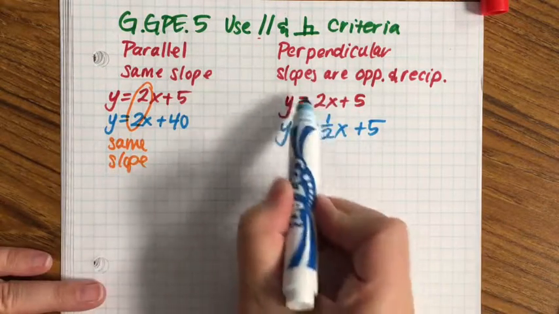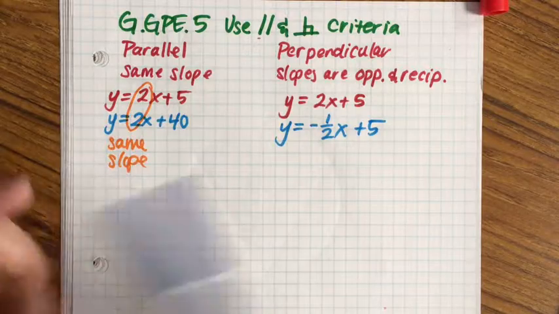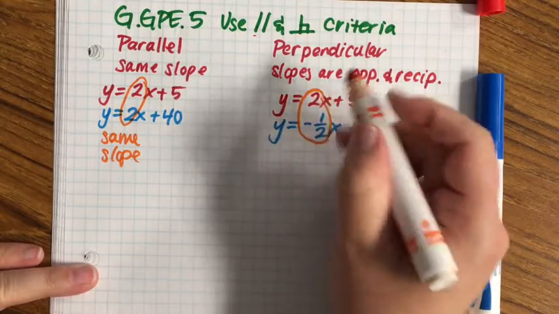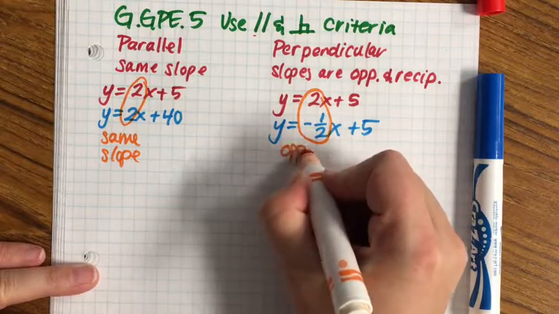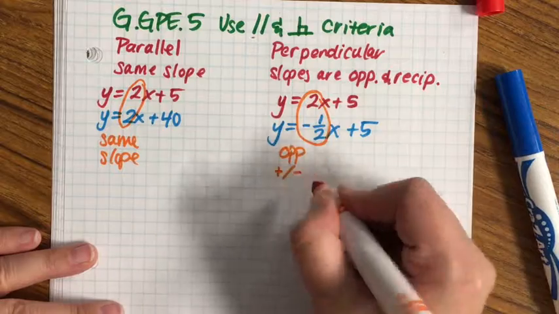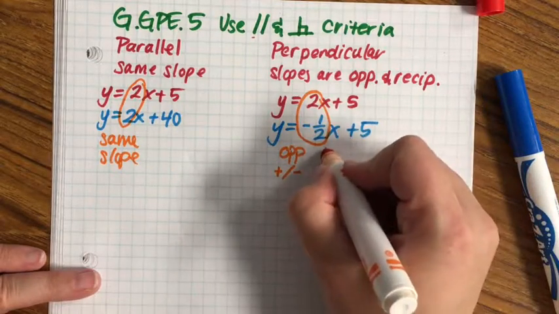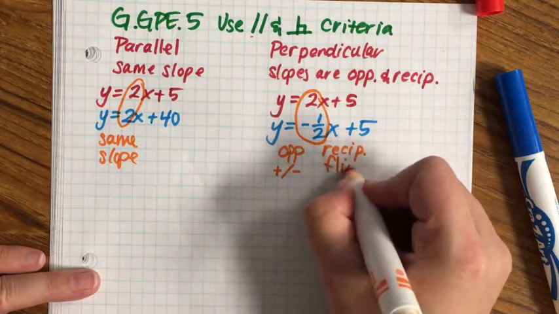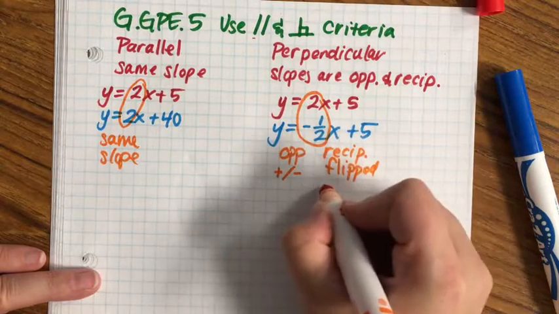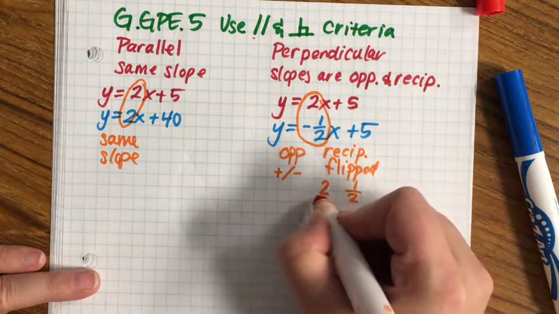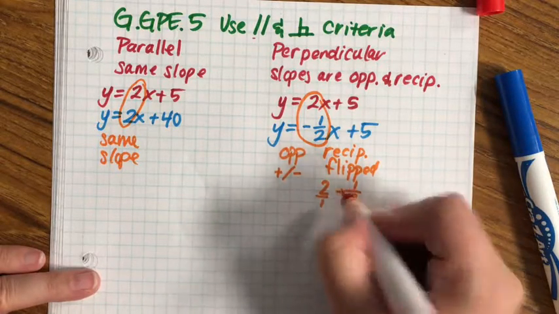So the slopes here are opposite reciprocals, and those are opposite. In other words, one of them is positive and one of them is negative. And then reciprocals because they flipped. Because 2, when we flip it, would be 1 over 2, because this is 2 over 1 and 1 over 2.